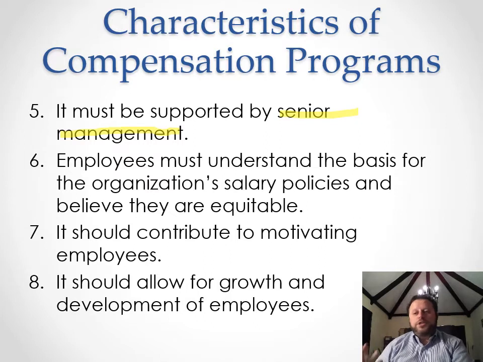Even if we think these people deserve more money, or the employees are getting too much, or it's crazy, this senior vice president is getting $100,000 a week, and our entry-level IT people, who are the backbone of our company, are getting $1,000 a week. It's crazy. Well, it doesn't matter in the end if that's what senior management wants. Remember, we are staff authority. We have line authority only over other people in the HR department.